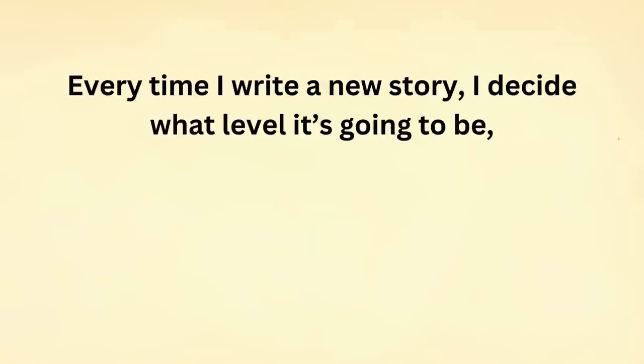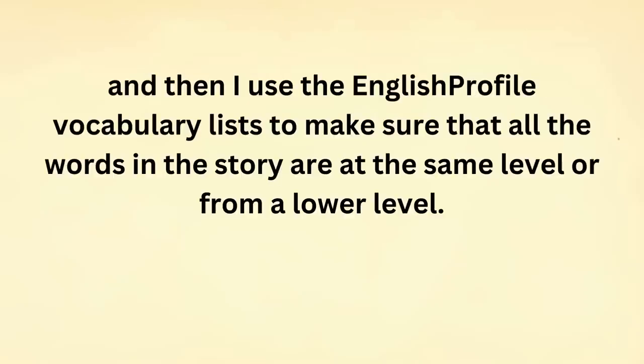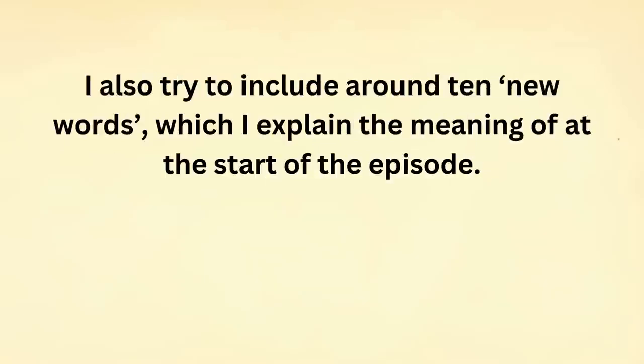Every time I write a new story, I decide what level it's going to be, and then I use the English Profile vocabulary lists to make sure that all the words in the story are at the same level or from a lower level. I also try to include around 10 new words which I explain the meaning of at the start of the episode.